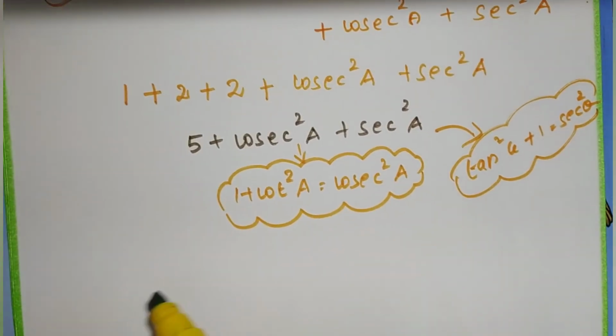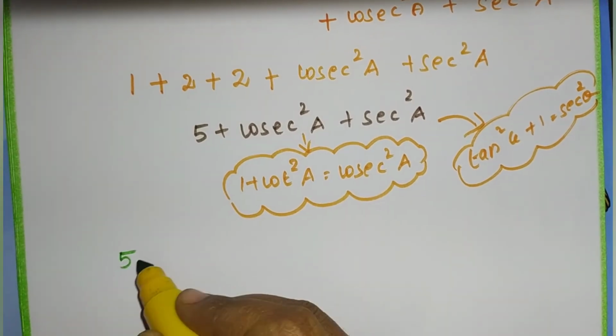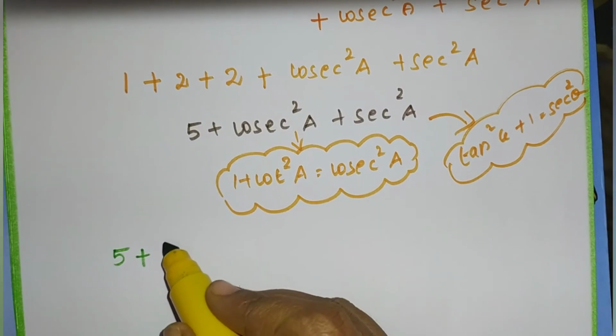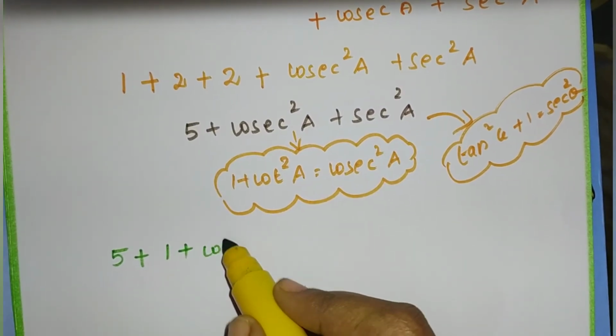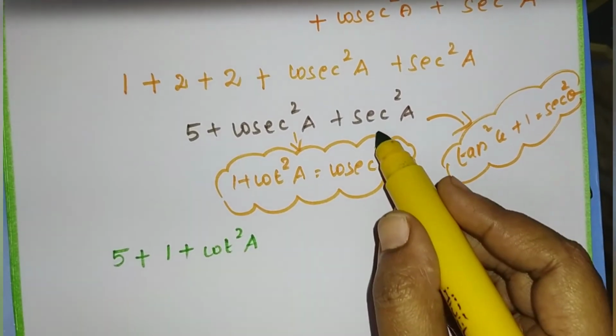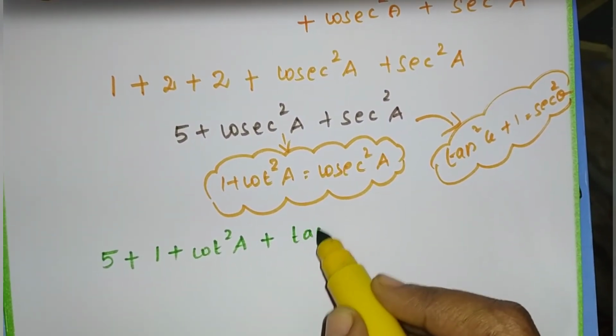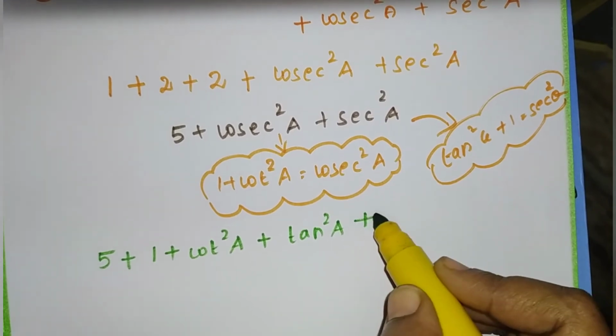Okay. So first, 5 plus, instead of cosecant square A, I can write 1 plus cot square A. And then, instead of secant square A, we can write tan square A plus 1.